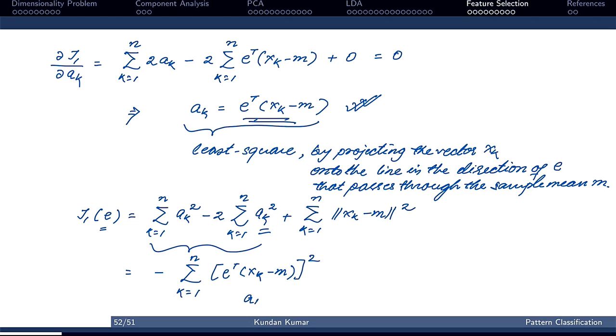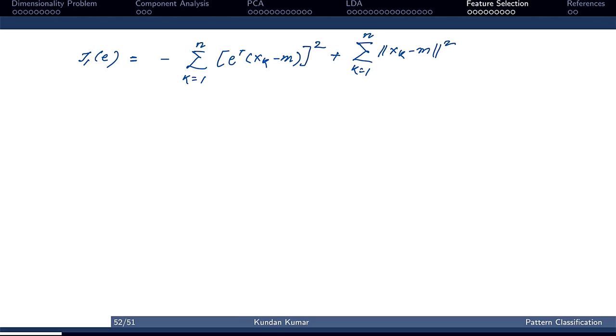Basically this is the a_k and this is the a_k square, so here we just substituted this value, plus summation of x_k minus m square, k equal to 1 to n. So we can expand this term. When we expand it, it will become minus summation E transpose. Again we have to maintain the dimensionality of the matrix multiplications.